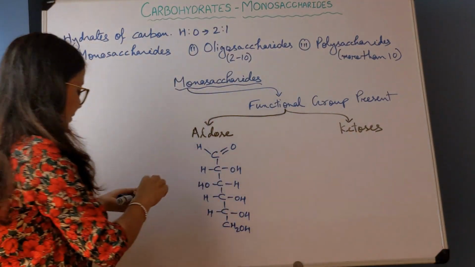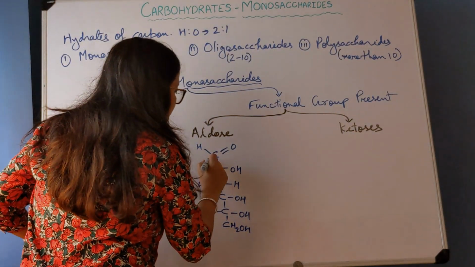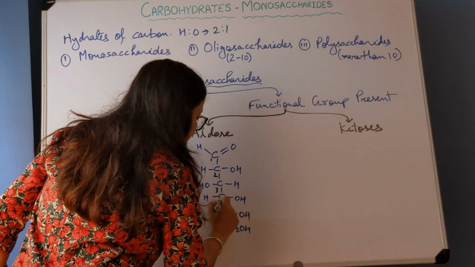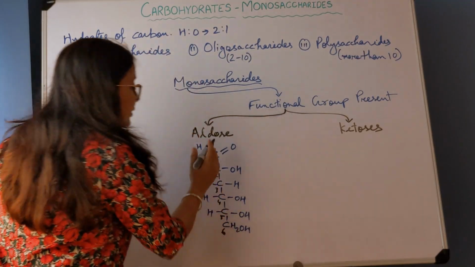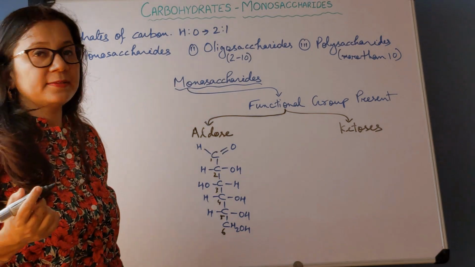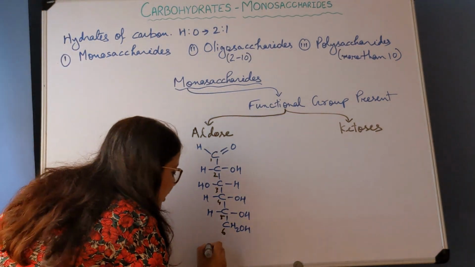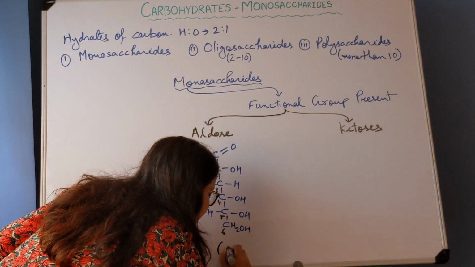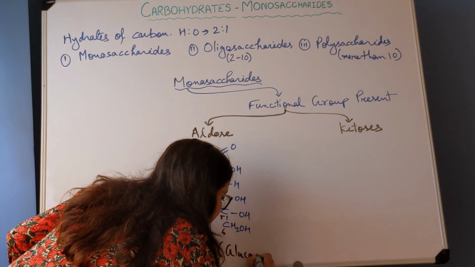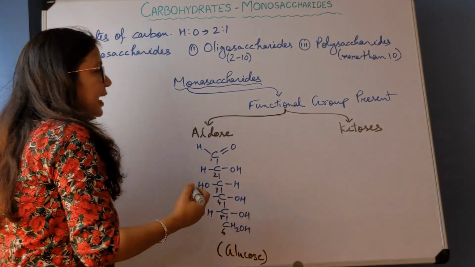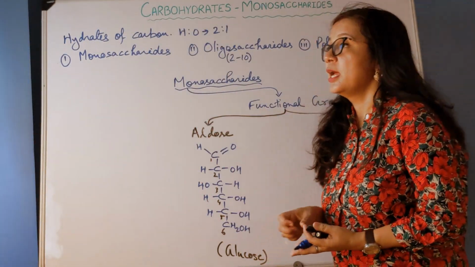If we number them, 1, 2, 3, 4, 5, 6, the terminal carbon, the first carbon atom, has an aldehyde group in it. So this is an aldohexose, a very common example, glucose. So glucose is an aldohexose.